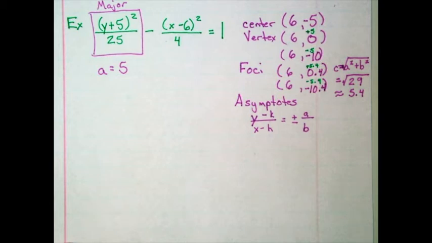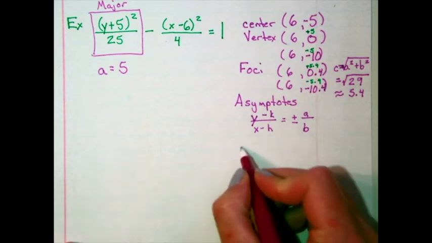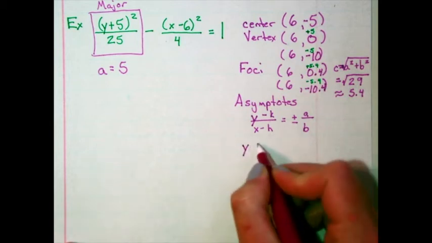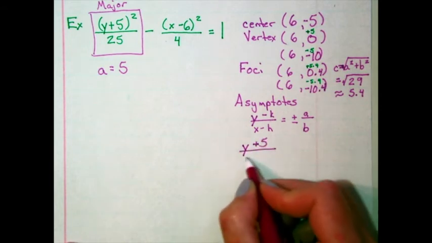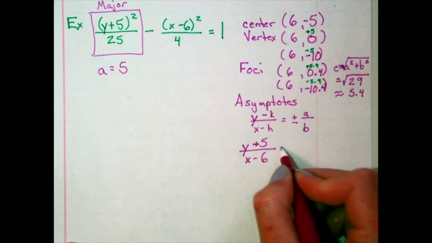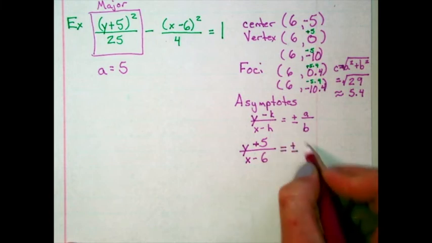Let's find our asymptotes. Now I'm going to work this one out both ways, and I'm going to show you why it's easier to count the slope from the center. So let's plug in all the information that we have. y plus 5 over x minus 6 is equal to plus or minus a.